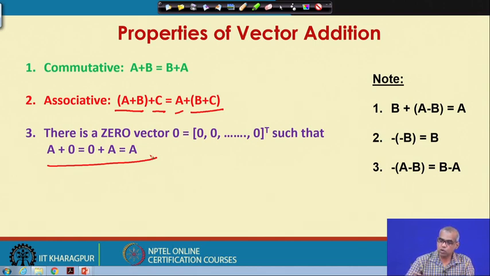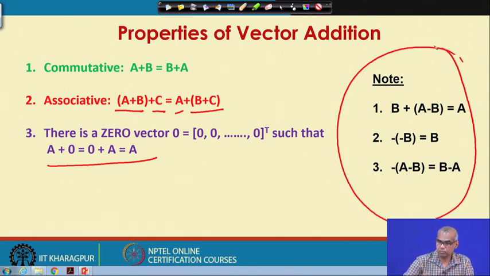Note these properties: b plus (a minus b) equal to a, minus of minus b equal to b, minus of (a minus b) equal to b minus a. So, vector follows these rules.